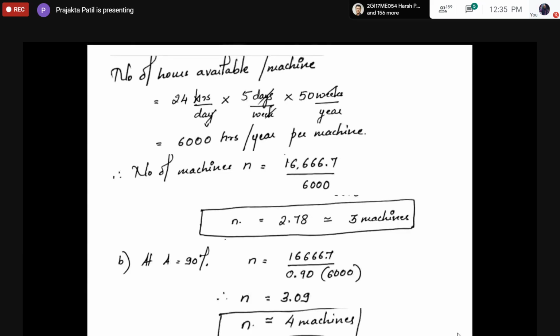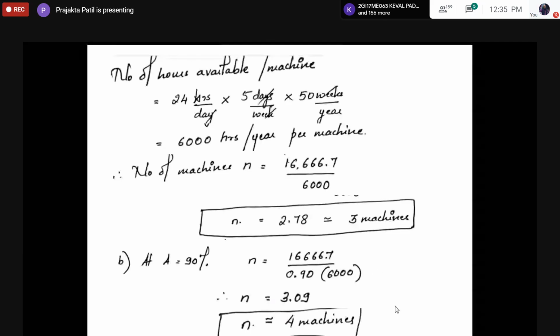See, if you consider the previous part, that is the A part, you have already 3 machines. Whenever the availability goes on decreasing, the number of machines required will be more. So logically, when the availability is 100%, you're requiring 3 machines. Here, if you round it up, there will be no difference.